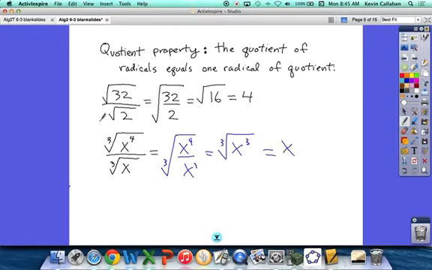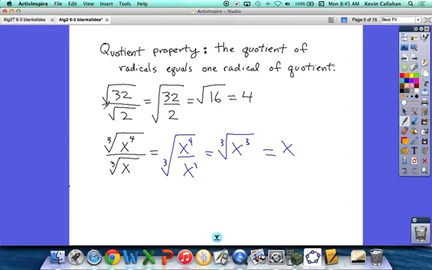So in the kind of dividing that we're supposed to be able to do, it should be pretty clear that by putting it all under one radical, you're going to get some simplifying, and at the very least, you don't have any more radicals in the denominator. When you have a radical in the denominator, then it's irrational.